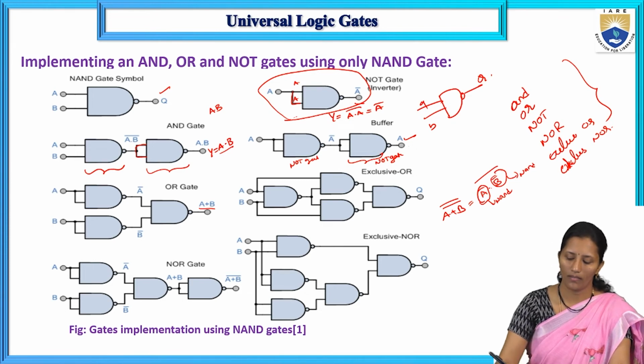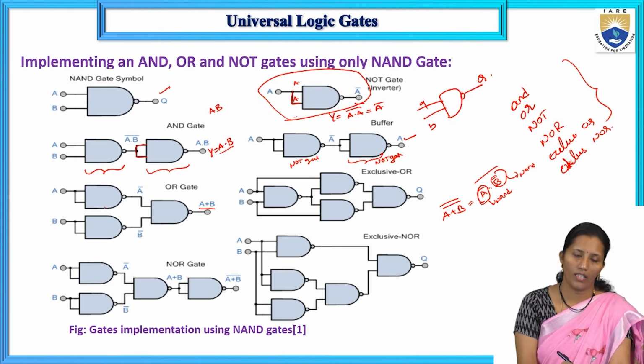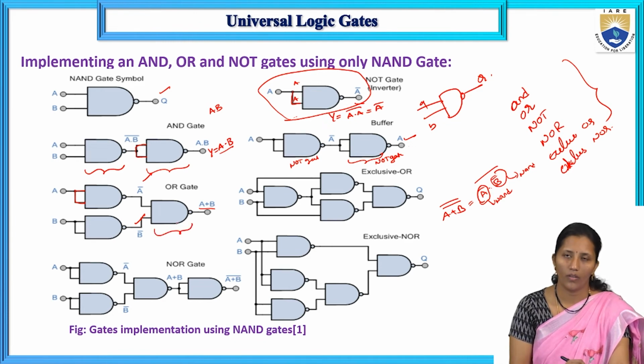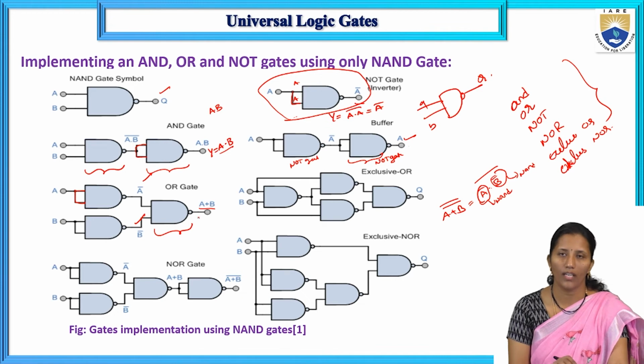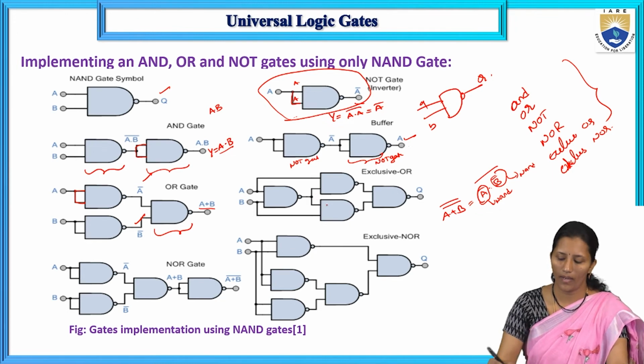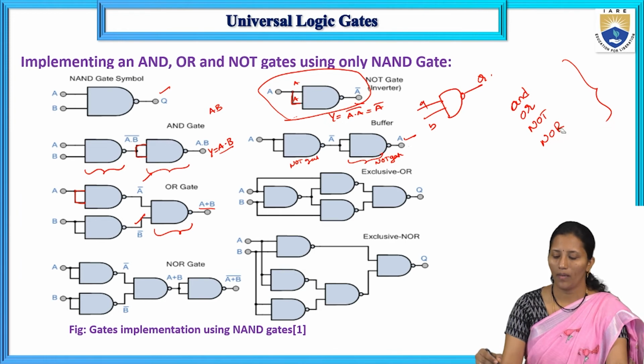To get A bar using a NAND gate, both inputs of the NAND gate are the same, and it acts as a NOT gate. So A is given, A bar we get, B bar we get. A bar dot B bar, whole bar is given to the NAND gate, and we get the OR gate output.